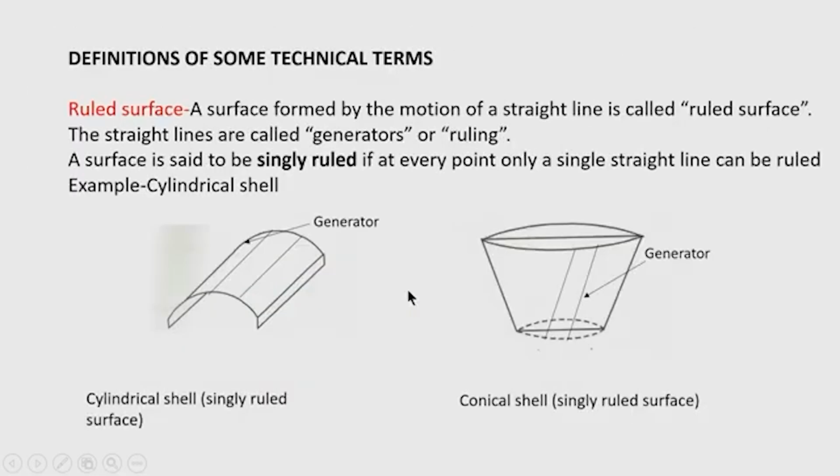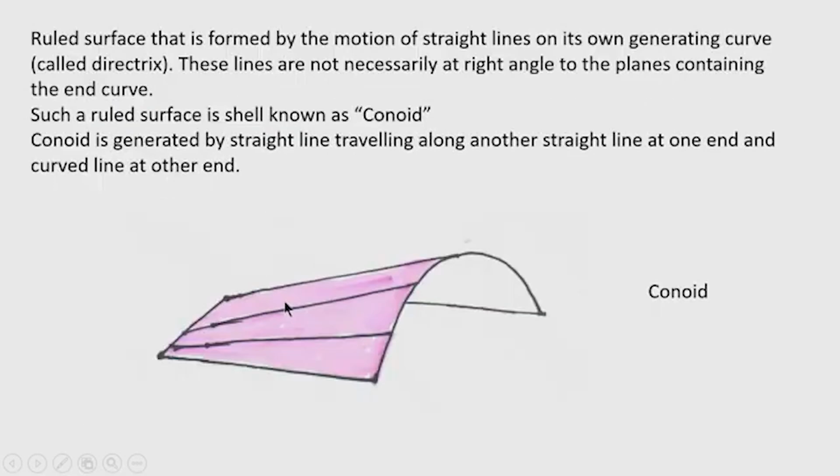In the previous case, we have seen that the generating lines are at right angles to the end curves, but in that case the generating lines are not at right angles to the end curves, and such type of shell is known as a conoid.